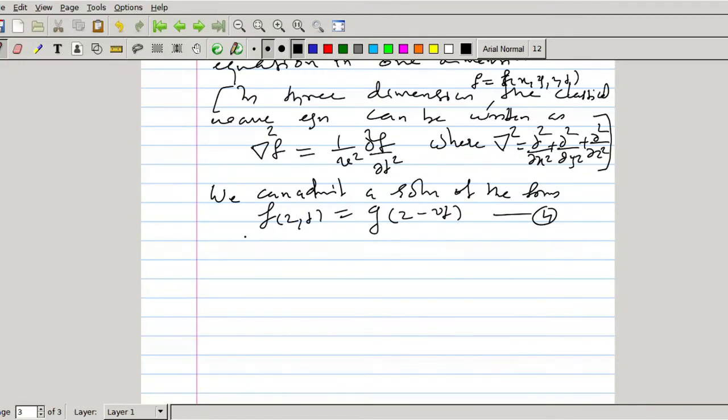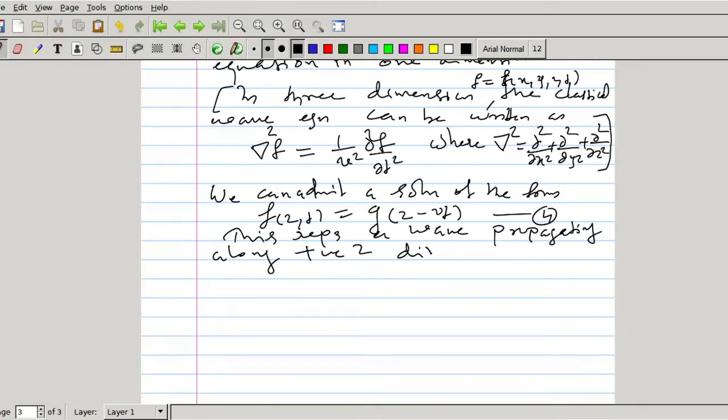This represents a wave propagating along the positive z direction.